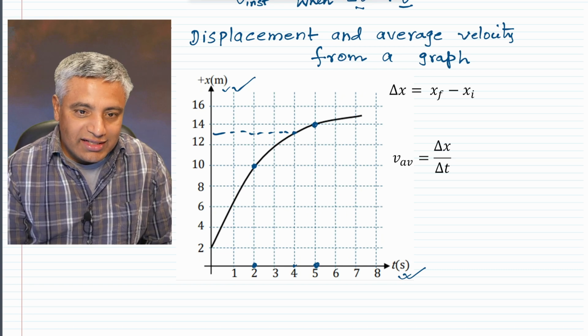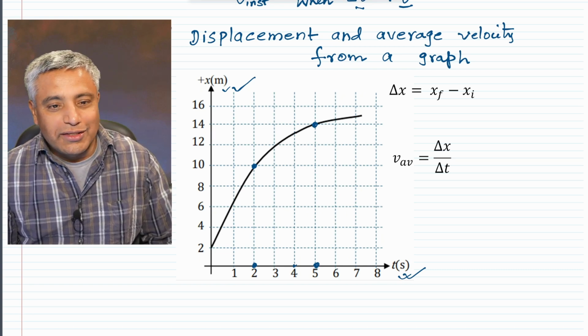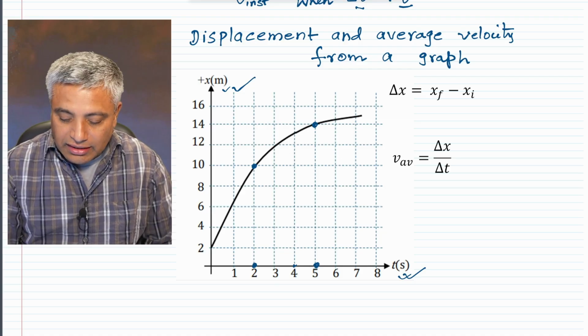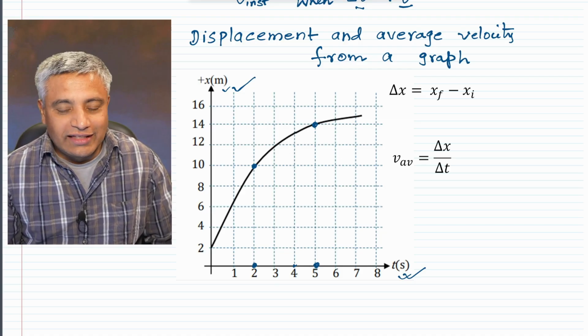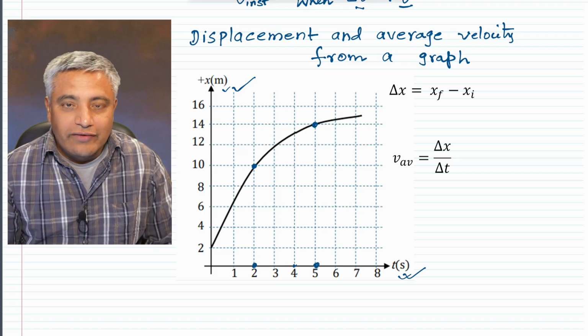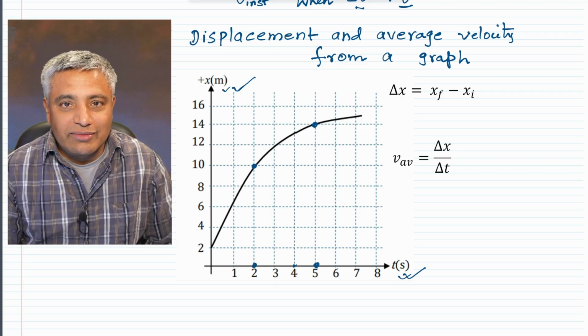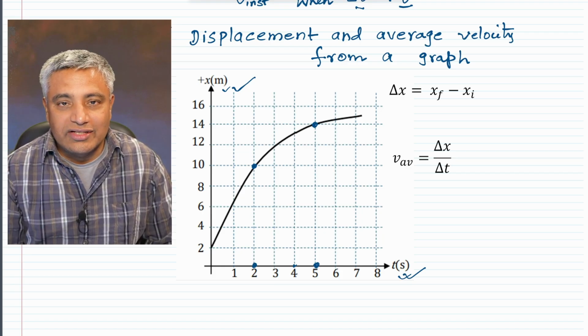We can do that, but let's look at the convenient points. There are two different ways we can find the average velocity from a position versus time graph. One, first find the displacement and then use that displacement and the corresponding time interval to find average velocity by just dividing that displacement by the time interval.